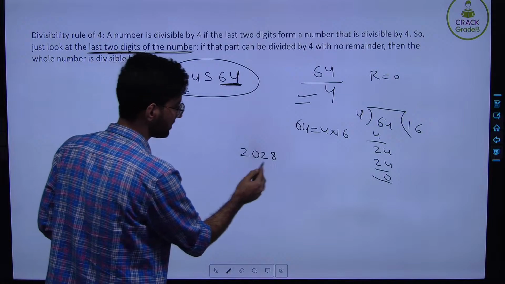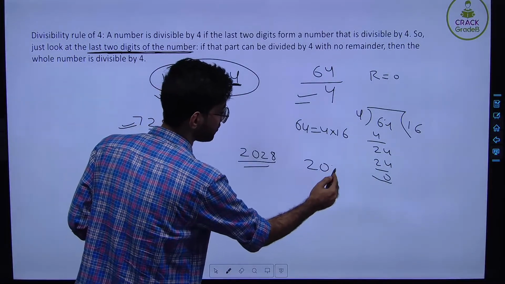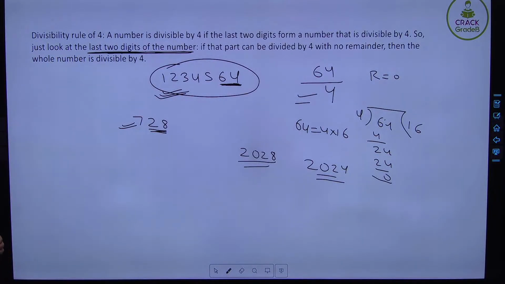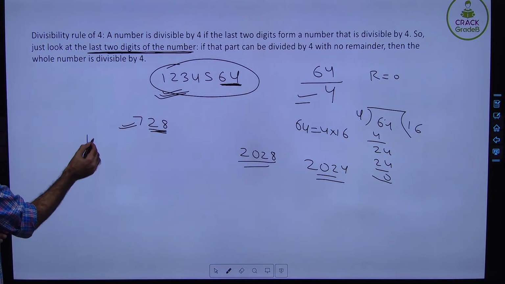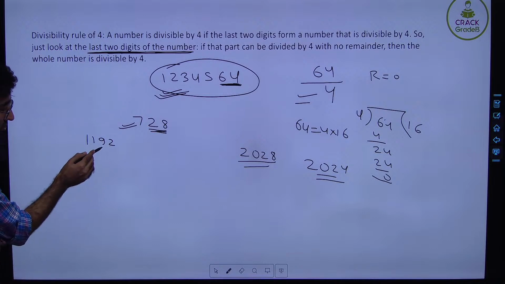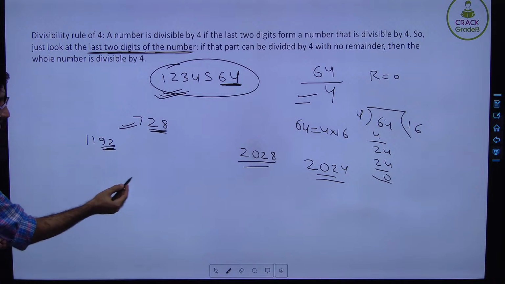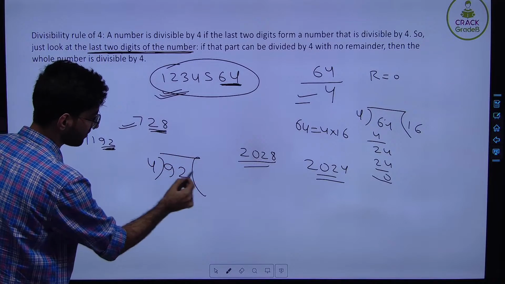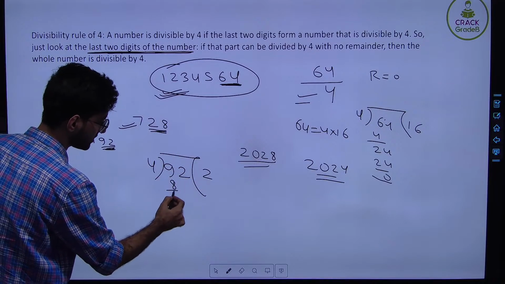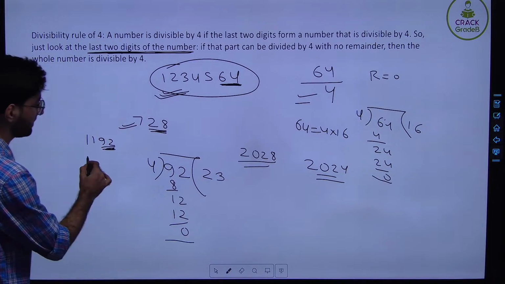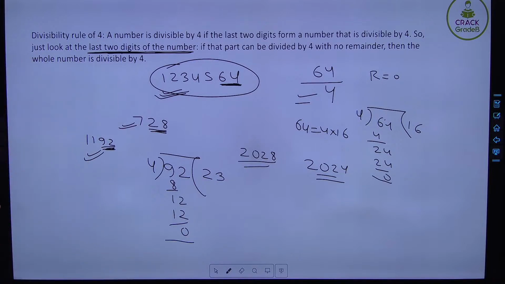Is 2024 divisible by 4? Yes, it is. You only have to look at the last two digits. You have to divide 92 by 4. Let us divide it, 4 into 23 is 92, so 1192 is divisible by 4.